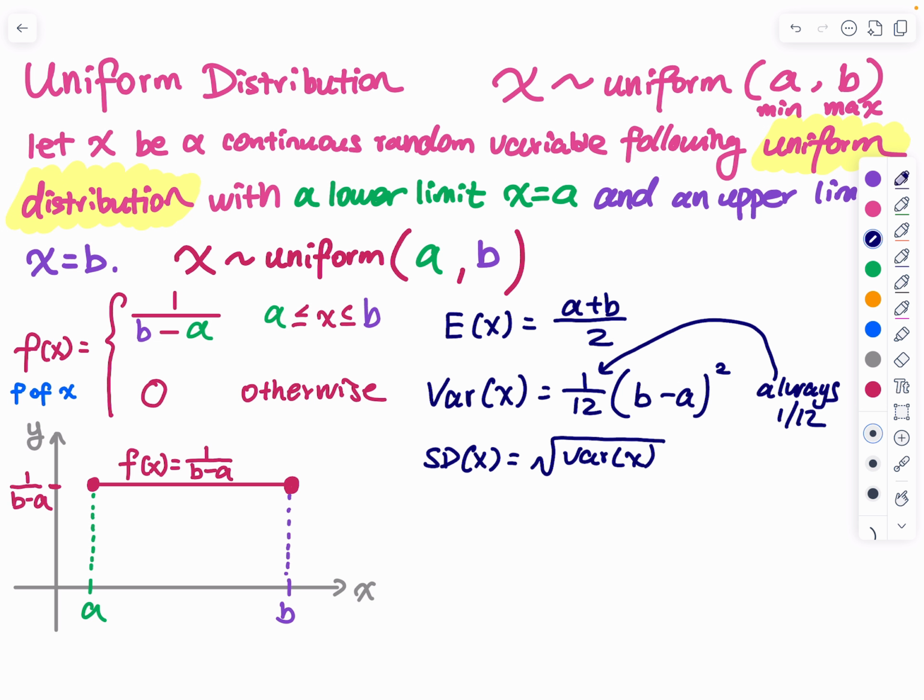And then what characteristics can we say for this graph? Do you remember the binomial distribution or just a general discrete random variable? You have a table, right? X takes on this value. Each x value has its probability, and then the sum of all the probabilities is equal to 1. But in this case, x is a continuous random variable.